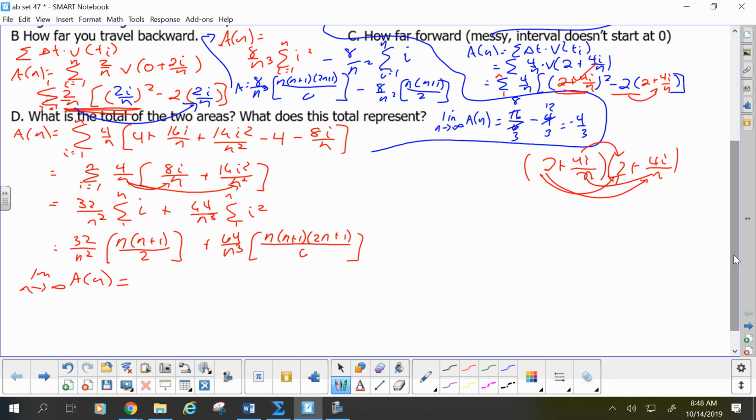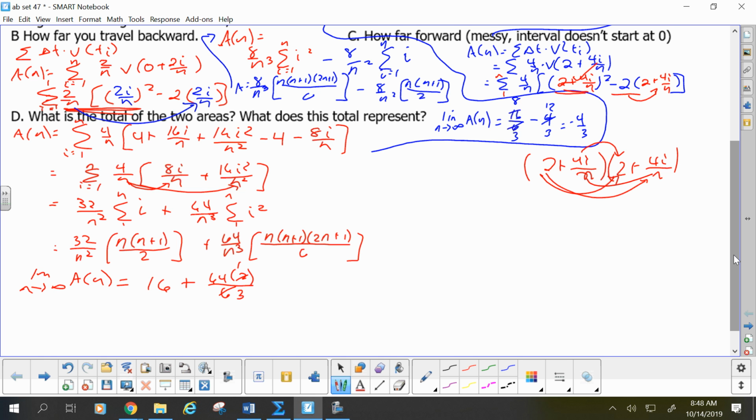If I take the end behavior on the first limit, what do I get? 16, or 32 over 2. On the next one, what do I get? 64 times 2 over 6. So isn't that something like 64 over 3?